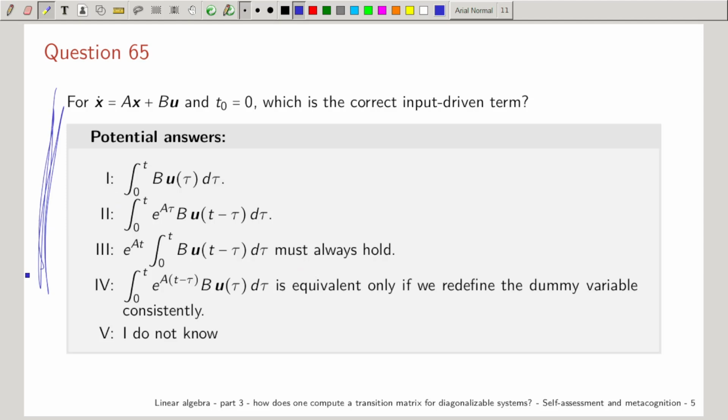Let's do this one. I've got to think about it. I don't like this question too much, actually.